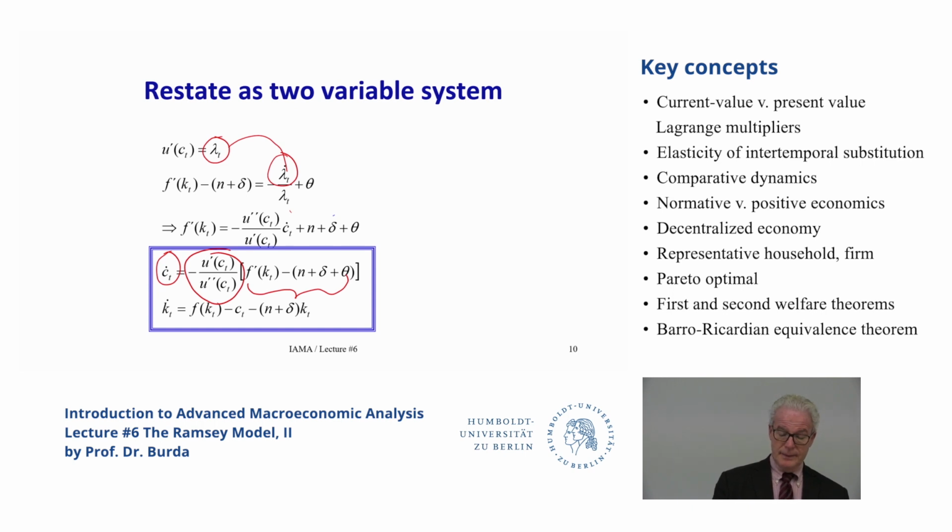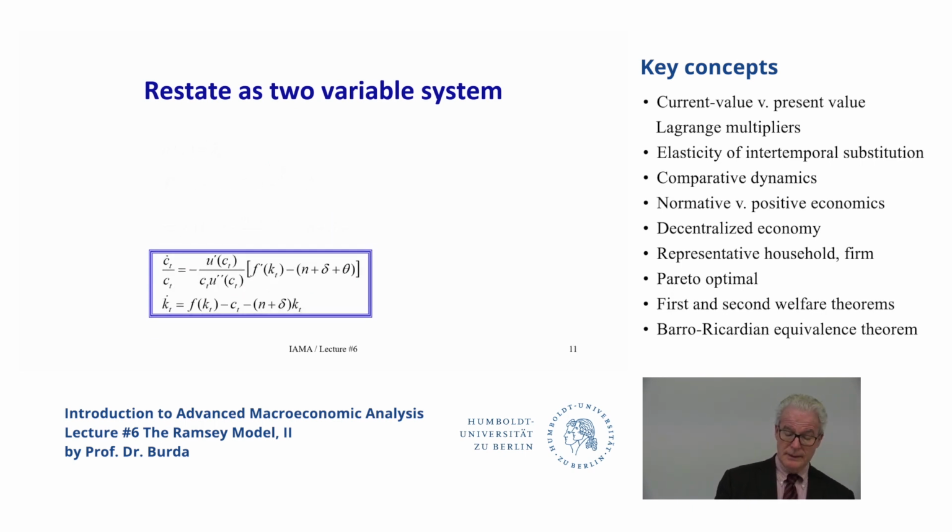And this right-hand term can be manipulated. Dividing both sides by strictly positive consumption would give the rate of consumption growth per capita on the left-hand side as a function of the same arguments I discussed earlier, multiplied by something that's related to the elasticity of intertemporal substitution.